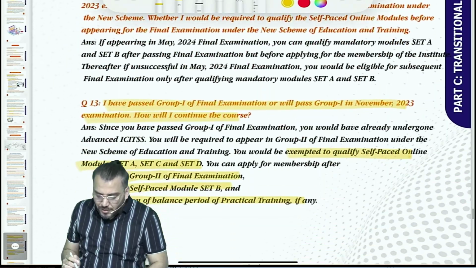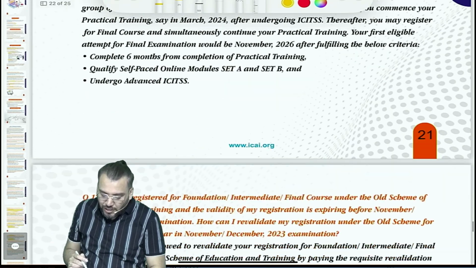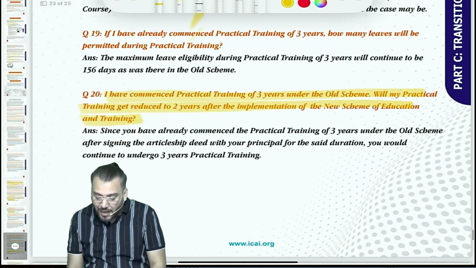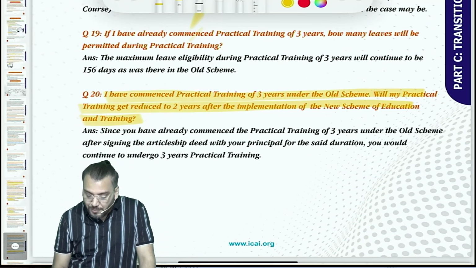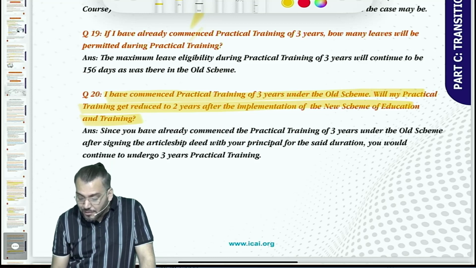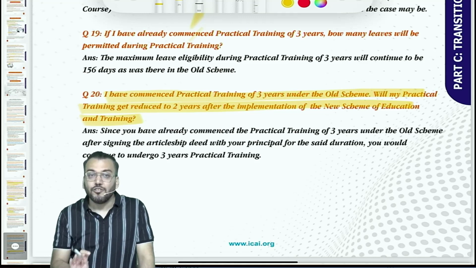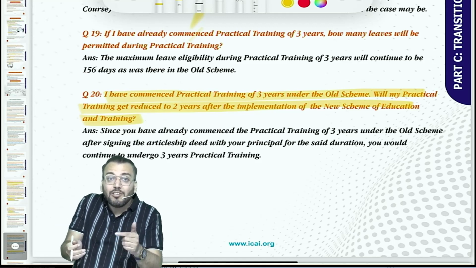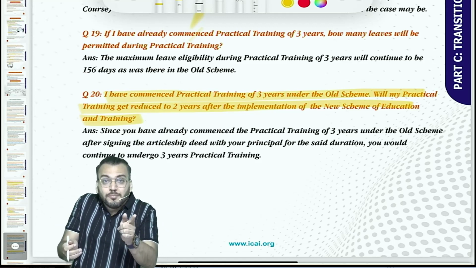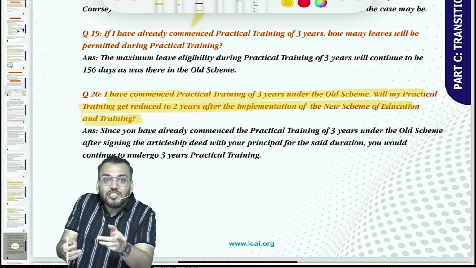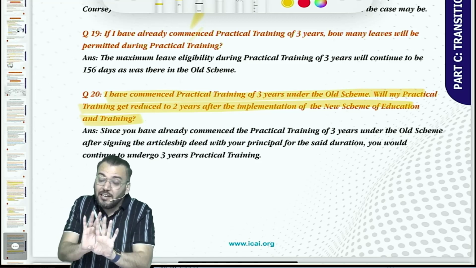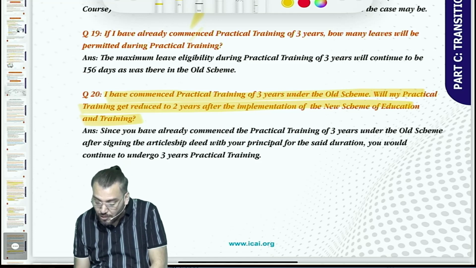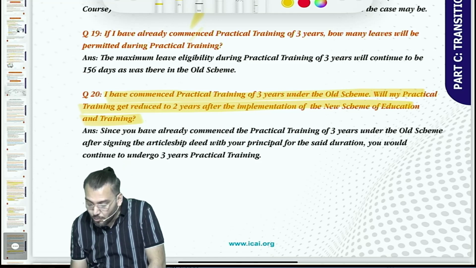Correct? The second, more important question is about practical training. Students have already commenced 3 years of practical training under the old scheme. Will my practical training get reduced to 2 years after implementation of the new scheme? They said no. Since you have already done a contractual agreement with the principal chartered accountant, the 3 years will not be reduced to 2 years.